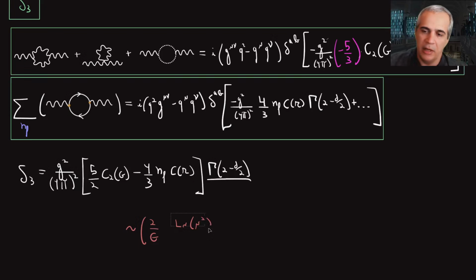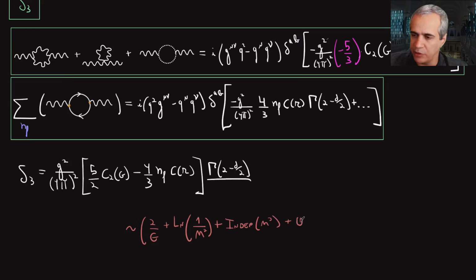But in the scheme we have been using, I just want something like that in the counter term, plus terms that are independent of m square, and order epsilon, which all go away as I go to 4 dimensions.